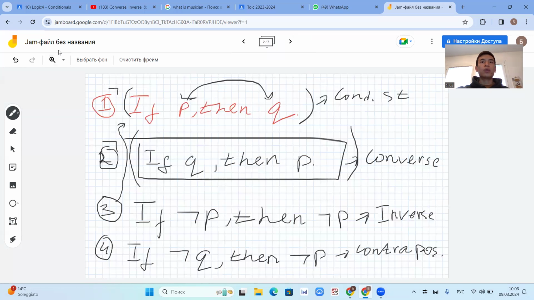And, вы заметили relation that if this is true, then this will also be true. So if our original conditional statement is true, then the contrapositive will be true as well.